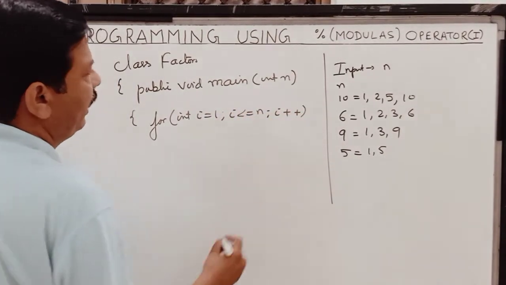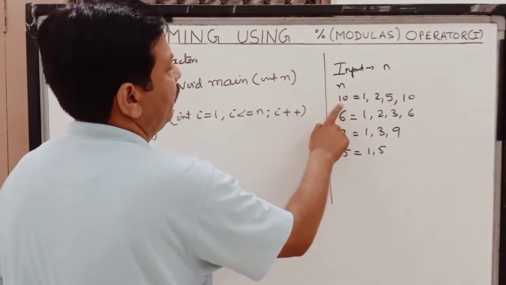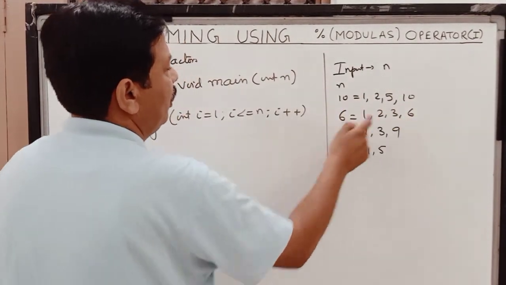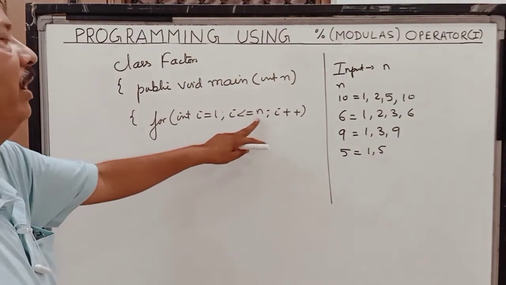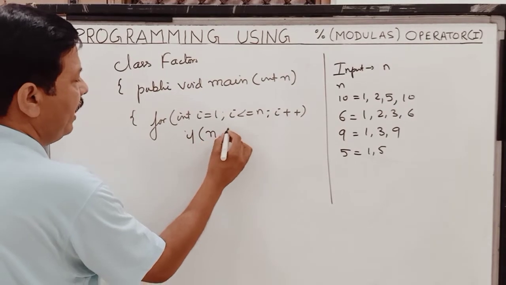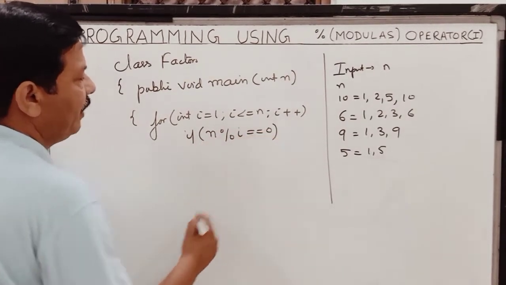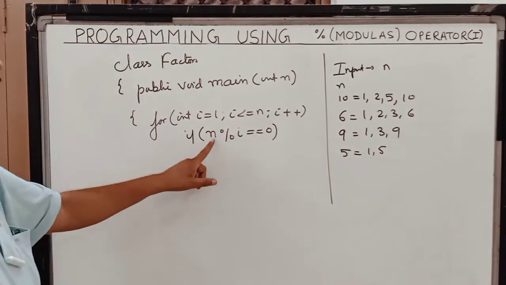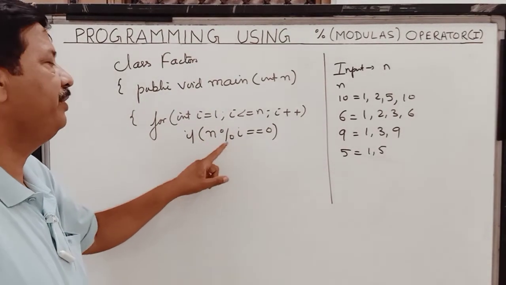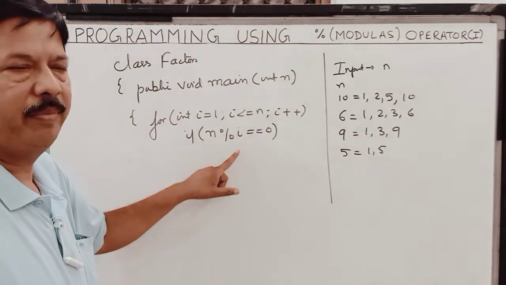Now children, the factors of n will be from 1 to 10 only if n is 10. If it is 6, then it will be 1 to 6. That is why I am running my loop from 1 to n. Now children, what I am going to do is check whether my number is divisible by i. Say if 10 is divisible by 1, we print. If 10 is divisible by 2, we print it. If 10 is divisible by 3, it is not divisible, we will not print.